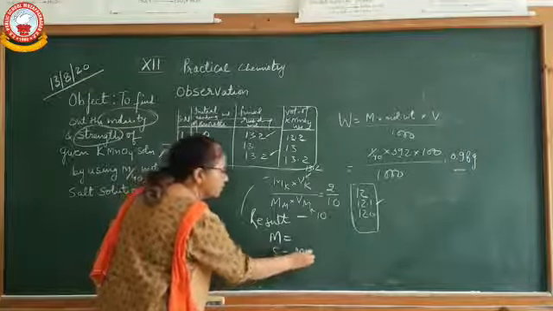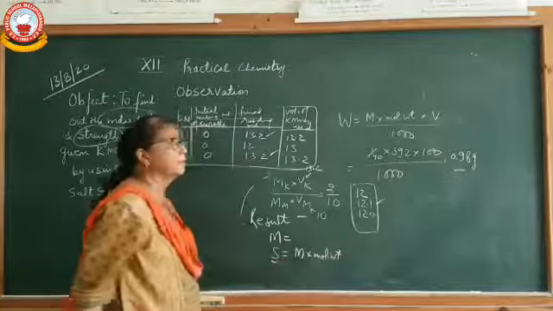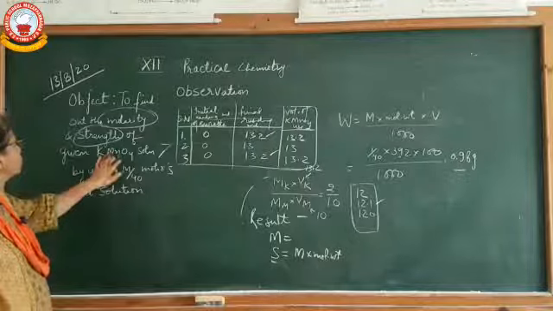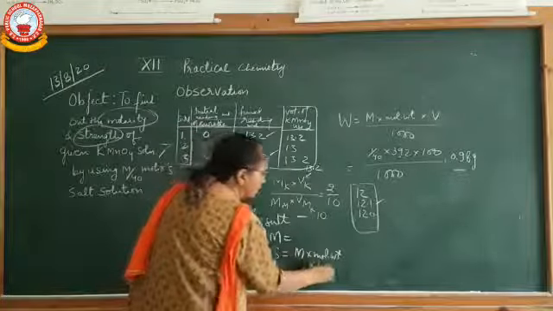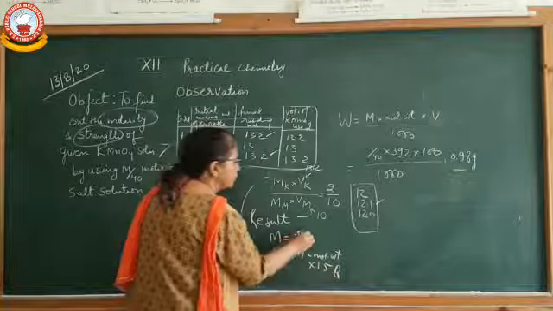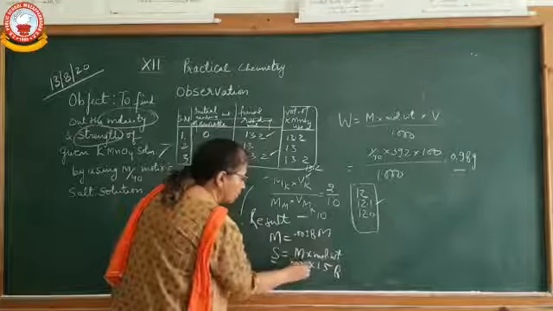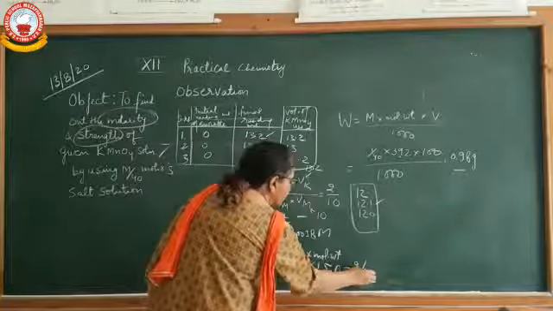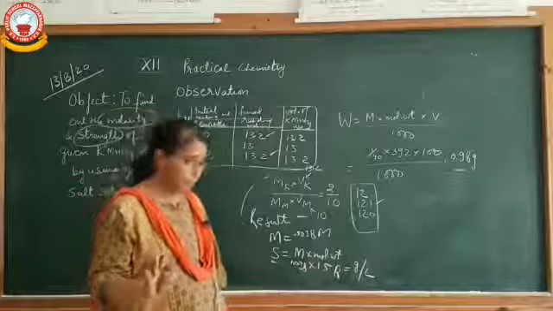Strength will be molarity into molecular weight. You should also know the molecular weight of KMnO4, which is 158. For example, if molarity comes out as 0.0038 M, then 0.0038 M will be multiplied by 158, and you will get the answer in gram per liter. So 2 results you have to write down.